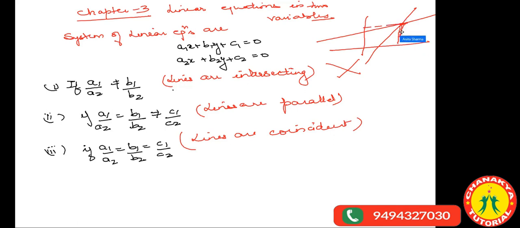When you draw a perpendicular from this point to the x-axis, the coordinate of this point will be, suppose, 3 and the coordinate of this point is 5. So there is only one solution now. Means value of x is 3 and value of y is 5. Clear? So if lines intersect, then there will be only one solution.